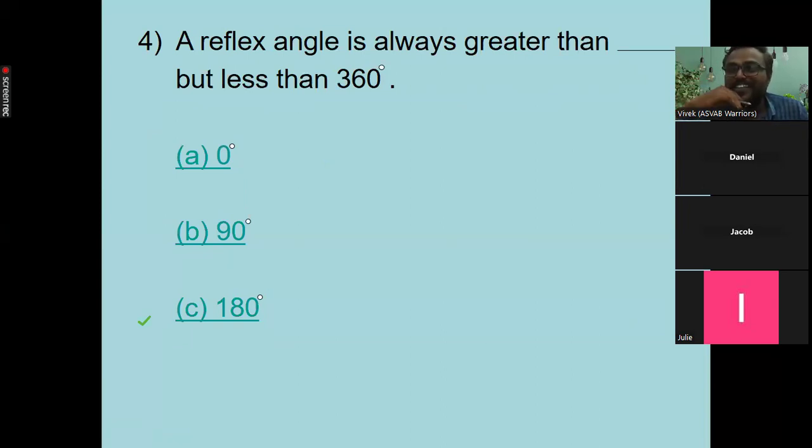Please do not write it on the screen. Give me the answer in the chat box. Come on, guys. So option C is what Jacob has said. Option C is what Daniel has said. Awesome, guys. So a reflex angle is nothing but greater than 180 degrees but less than 360 degrees.